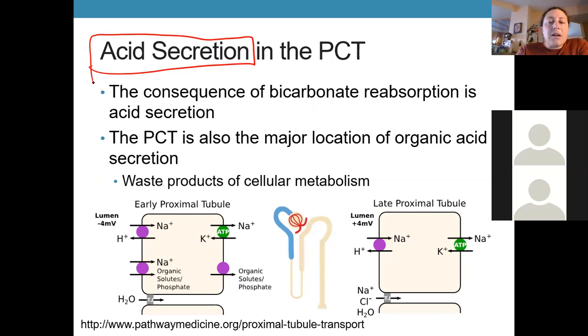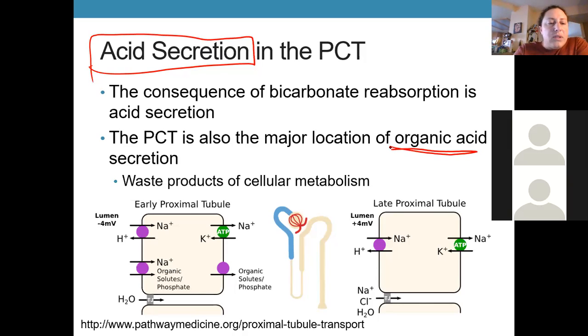Now, there are other acids that can be waste products in the blood. So organic acids are waste products of some of the metabolic processes of cells. And so any of those, if we want to get rid of them, we have to secrete them into urine and pee them out. That's the only way to get rid of organic acids.